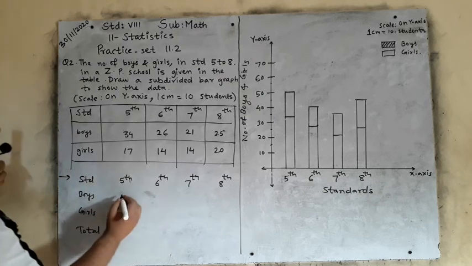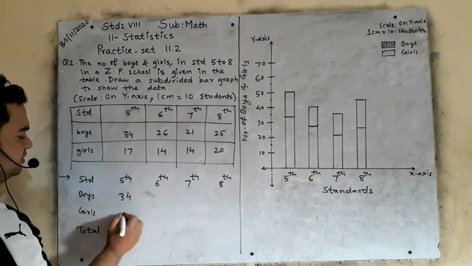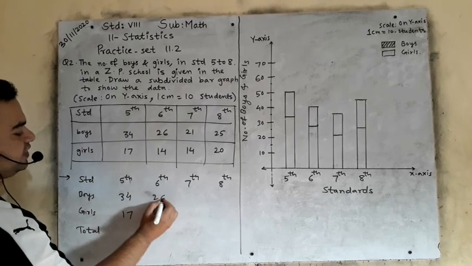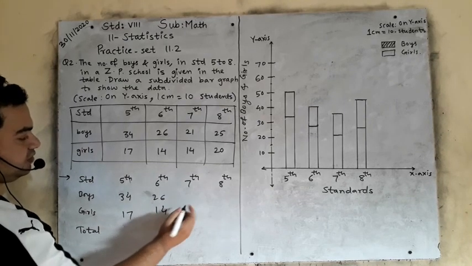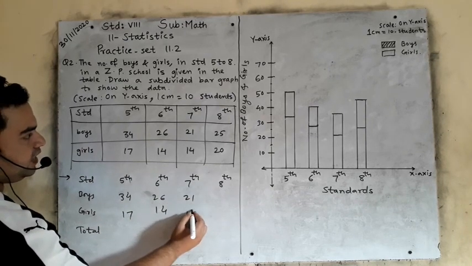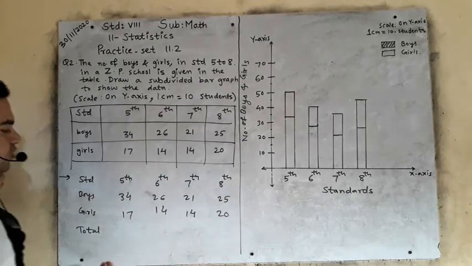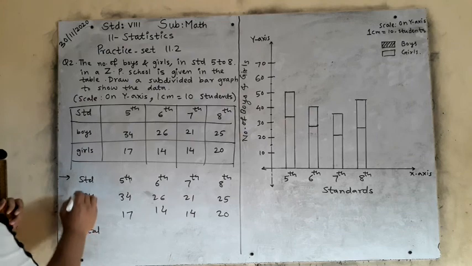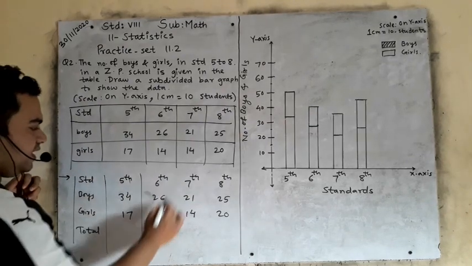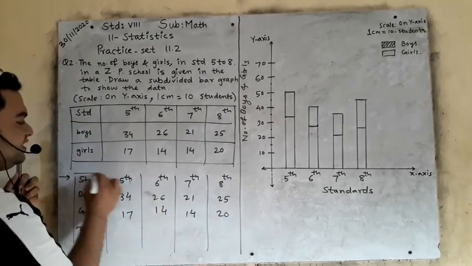Is it clear? Boys: 34 and 17. Here 26 and 14. Here 21 and 14. Here 25 and 20. So my dear students, first you will copy the table as it is and only one thing you will add, that is total.